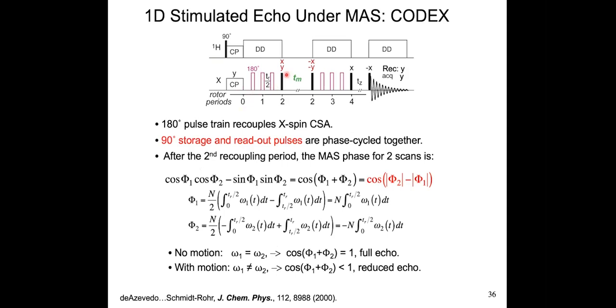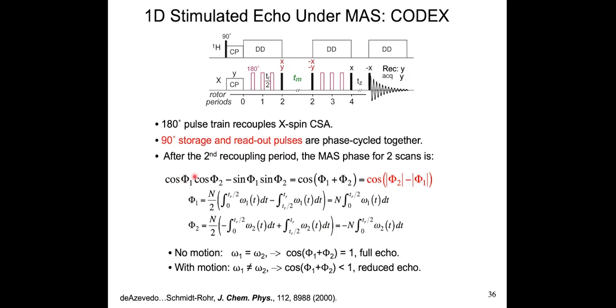A little bit of detail that's important. These two 90-degree pulses that store and then read out the anisotropy have very carefully designed phases. The reason is you want these phases x, minus x, y, minus y to be such that two scans come together in a certain way. When you do phase cycling, you're talking about one scan, I do this, the second scan, I do something else.